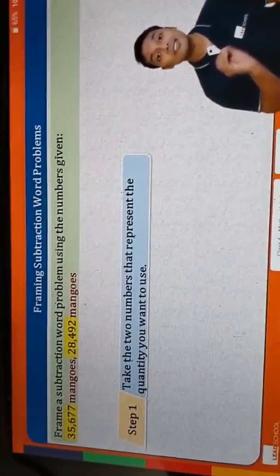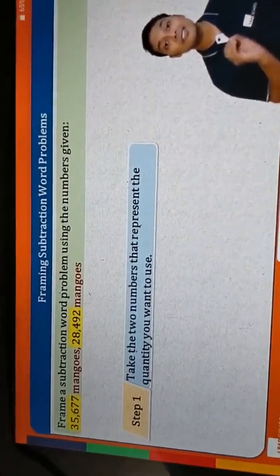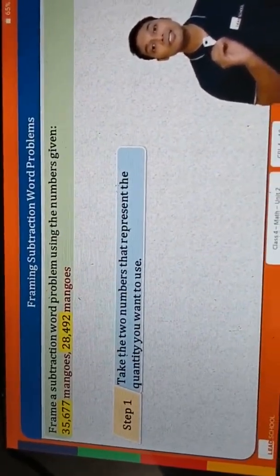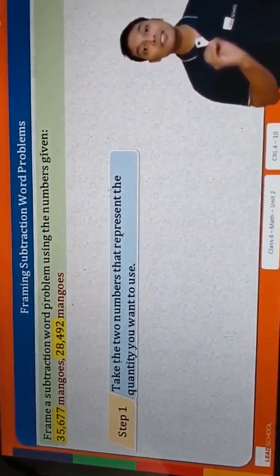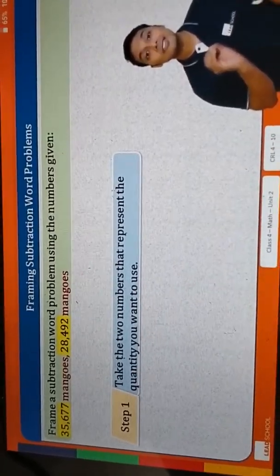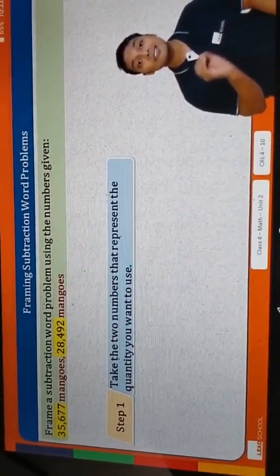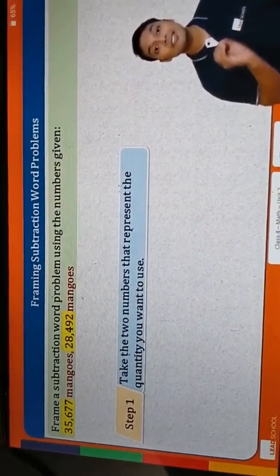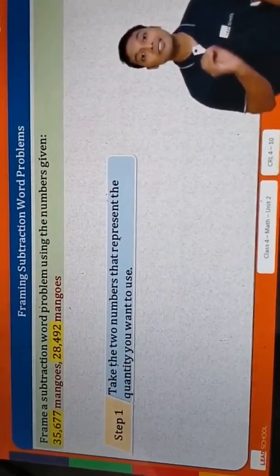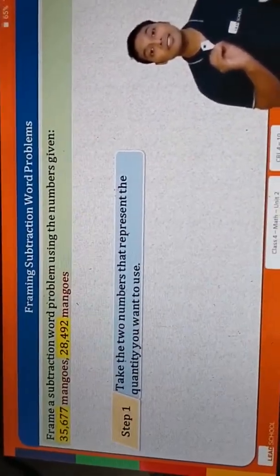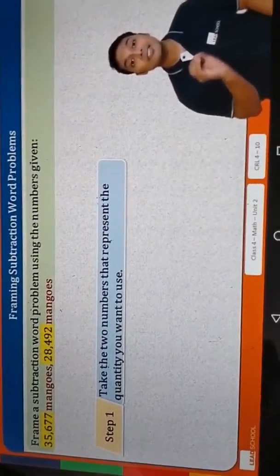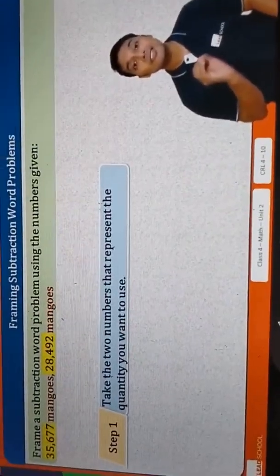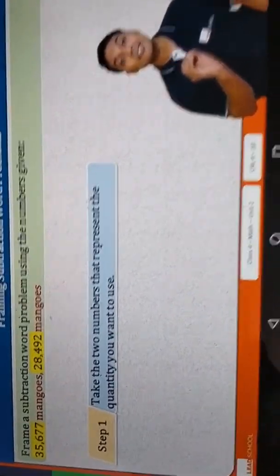In the question here there are 2 things: numbers and keywords. The numbers are 35,677 and 28,492. Step number 1 is to take the 2 numbers that represent the quantity you want to use.